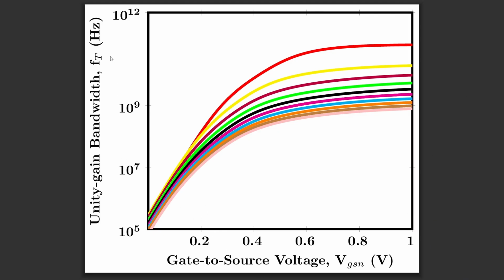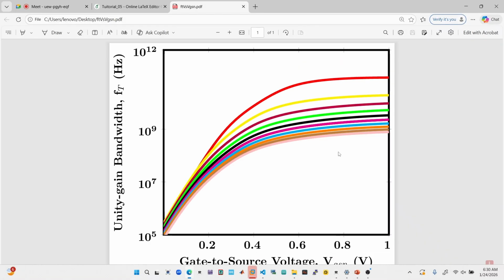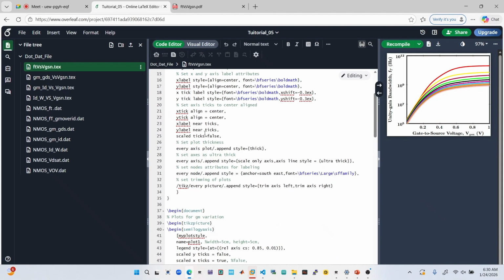So this is our unity gain bandwidth. On the y-axis this is the FT, the transient frequency, and the x-axis is VGS of n. We can also use the legend. If we use the legend, the corresponding colors' lengths will be shown here.